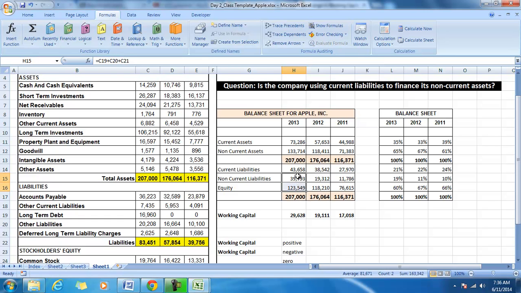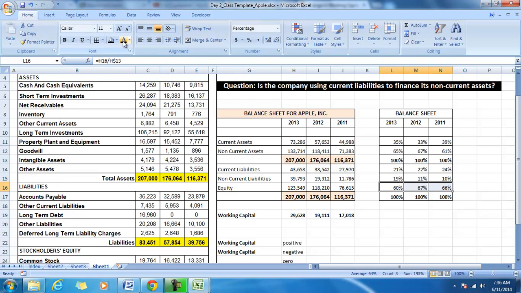Of course, it's well known that Apple, being a most profitable company, is an equity driven company. A significant part of the business in case of Apple is being financed by equity, which is a non-current source.